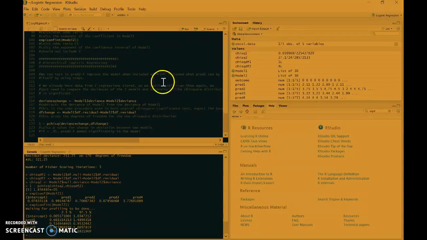Now going through this, I realize this is a silly example because predictor 1 was not significant and model 1 was not significant, but just for the sake of going through the motions of a hierarchical logistic regression, it is definitely conceptually relevant. So first line we have here is going to push into deviance change.